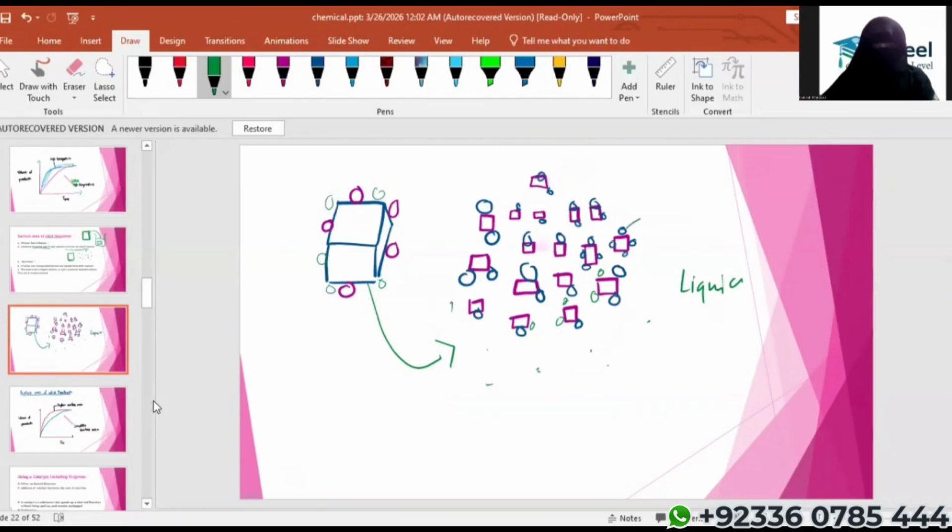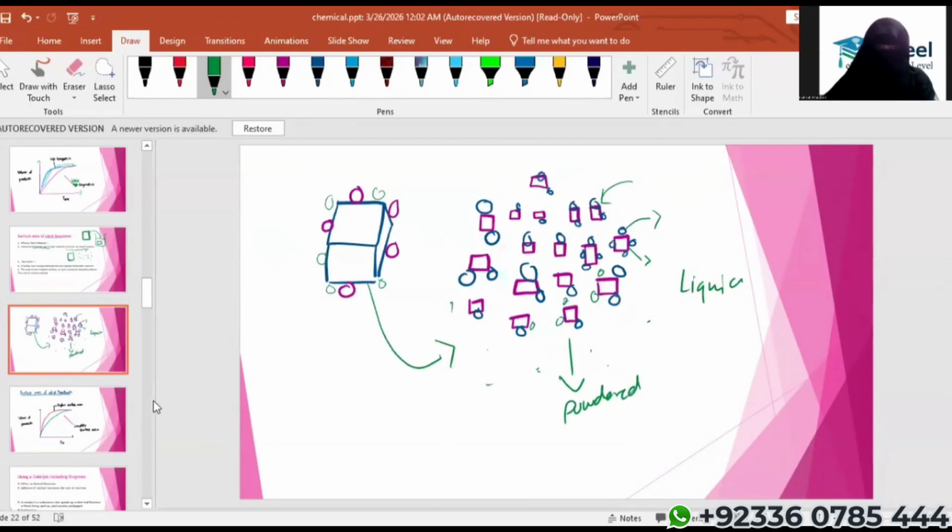Let's say these balls are the reactant particles from the liquid, and this is your solid particle, the square box. As you can see, more reactant particles from the liquid are able to collide with the powdered solid substance.